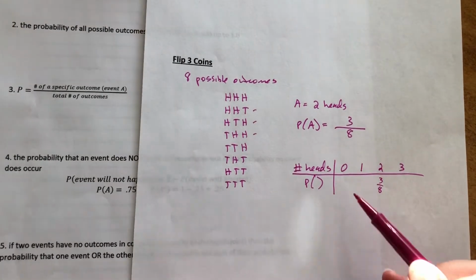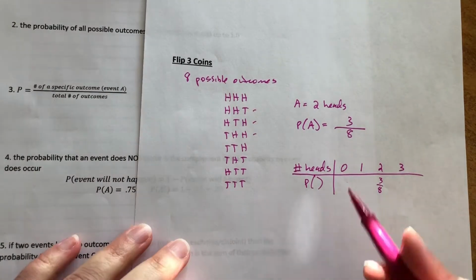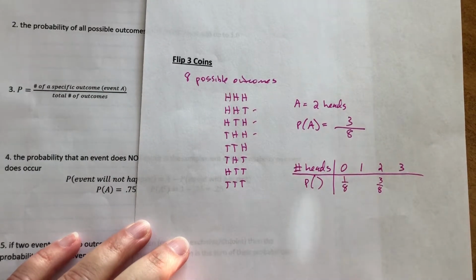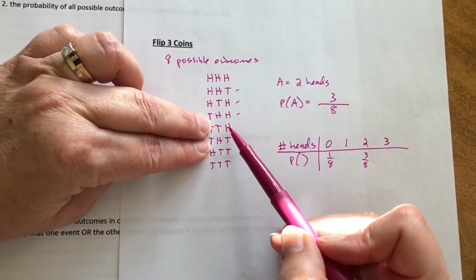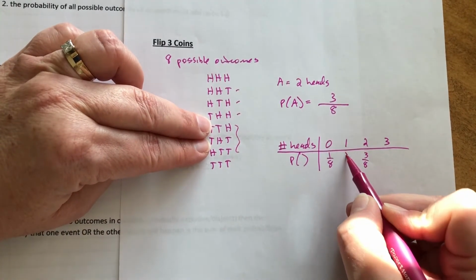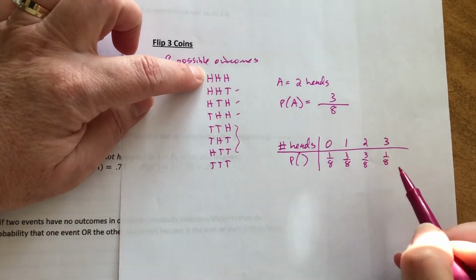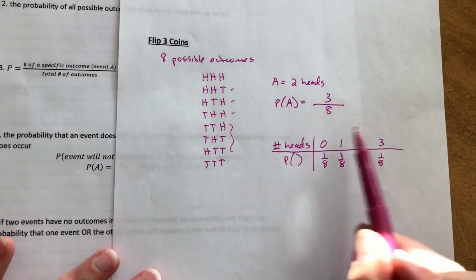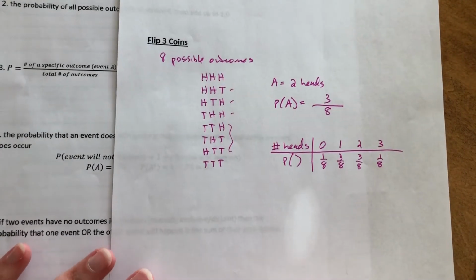The probability of getting no heads is just this one occurrence, so that's 1 out of 8. 1 head is these 3, so that's also 3 out of 8. And 3 heads is another 1 out of 8. So this is a probability model, and I created it by listing all my possible outcomes.